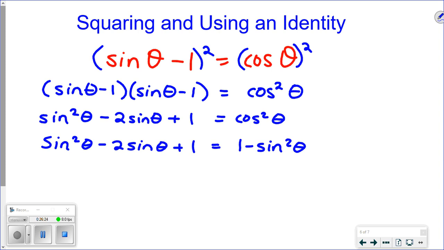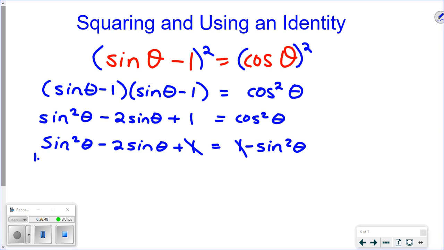All right, now, when I look at this and I see the sine squareds and then the sine theta, it makes me think I'm probably going to have to factor this eventually. So I know my next step would be setting it equal to 0 so that I could factor. Now, because we have a positive 1 on both sides, those are going to cancel. And so then I would just add the sine squared theta over.